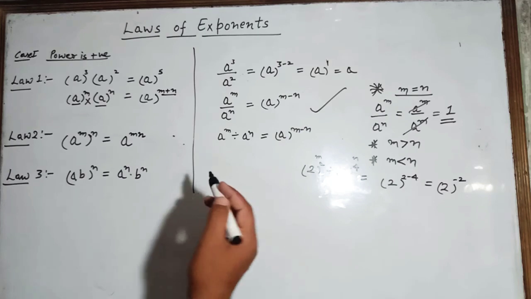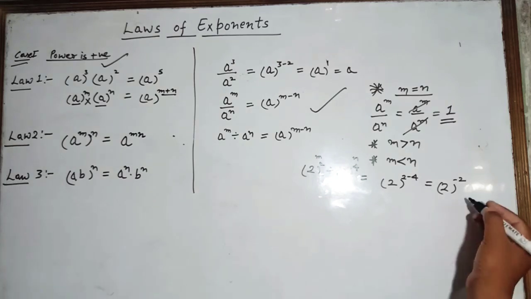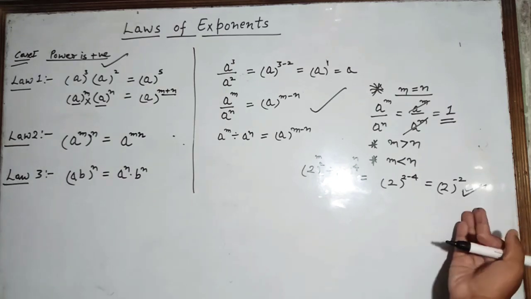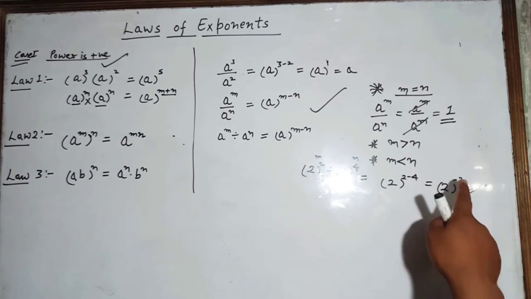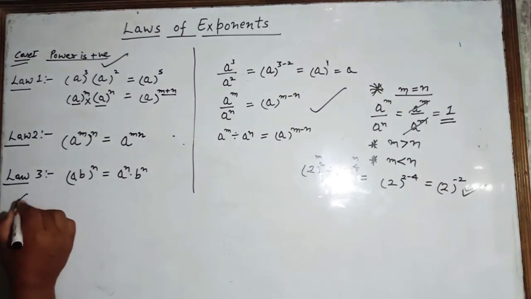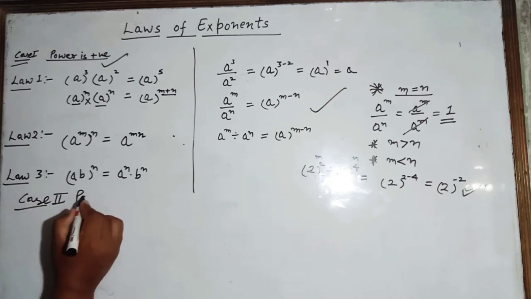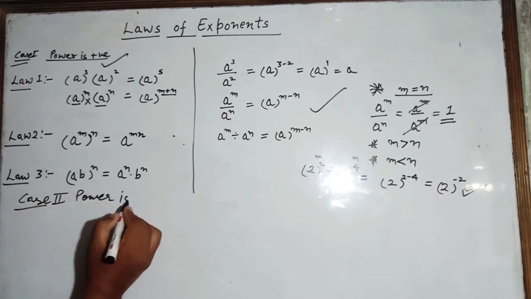Now what you know is that we were reading about the power case first, that is, the power is positive only. So now you can see here a little bit of difference is there, that a negative power came here. So how will we solve negative powers? This is our second case, that is, the power is negative.